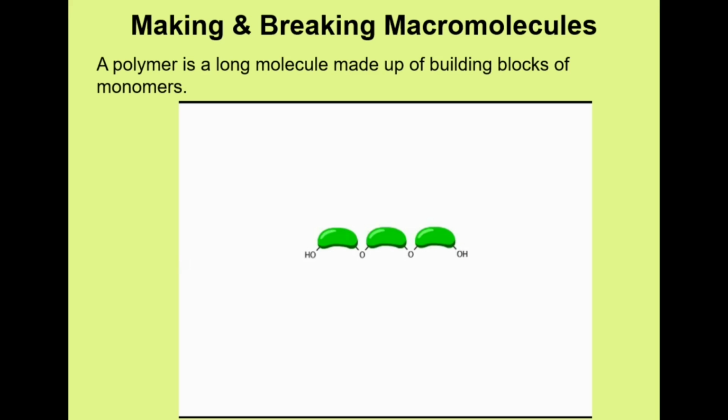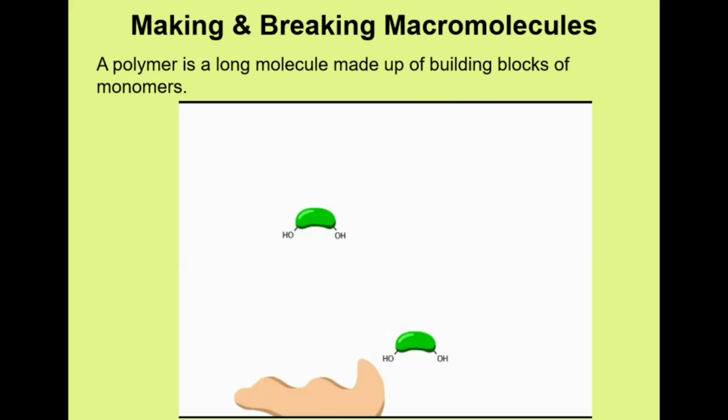One way this might happen is diagrammed here, where several generic monomers are shown with OH groups that could be used for linking. The animation illustrates the joining together of monomers by dehydration synthesis, catalyzed by a polymerase enzyme, and the reverse process, in which added water results in hydrolysis, catalyzed by a hydrolase enzyme.